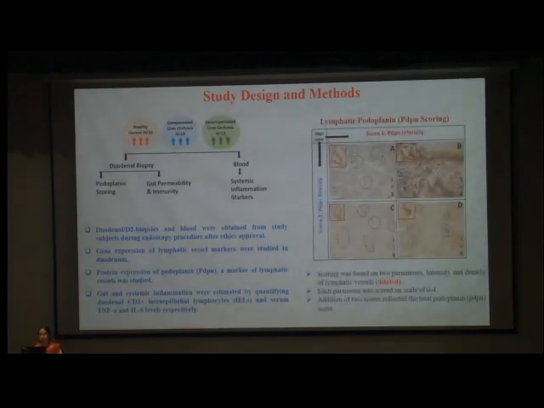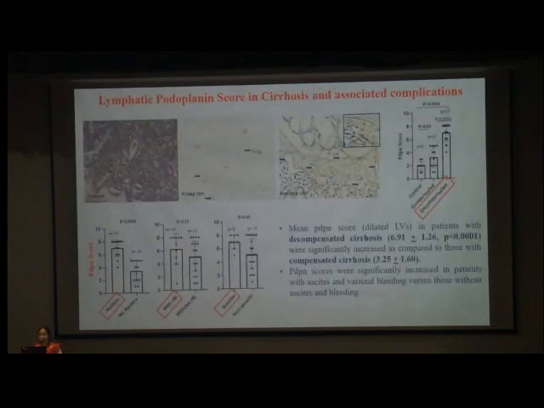I'm not going into the whole study, but what we studied was podoplanin positive lymphatic vessels, and we marked two parameters, the intensity and density of these lymphatic vessels in the biopsies. It was clearly seen that, compared to the controls and compensated cirrhosis, decompensated cirrhosis, irrespective of etiology, have dilated, increased LVs.